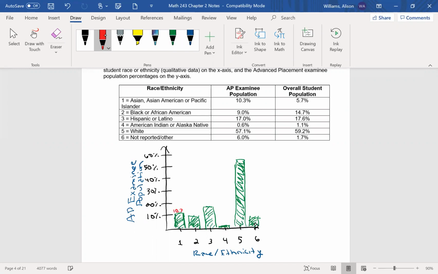This is 10.3, 9, 17.6, 57.1 and then 6. That's okay. You can always make it clearer from a picture, especially when you're a little bit sloppier like me. You do want to try to make the rectangles as close as you can to the same size. But really, that's how we're going to draw those as best as we can when we're freehanding it like this.